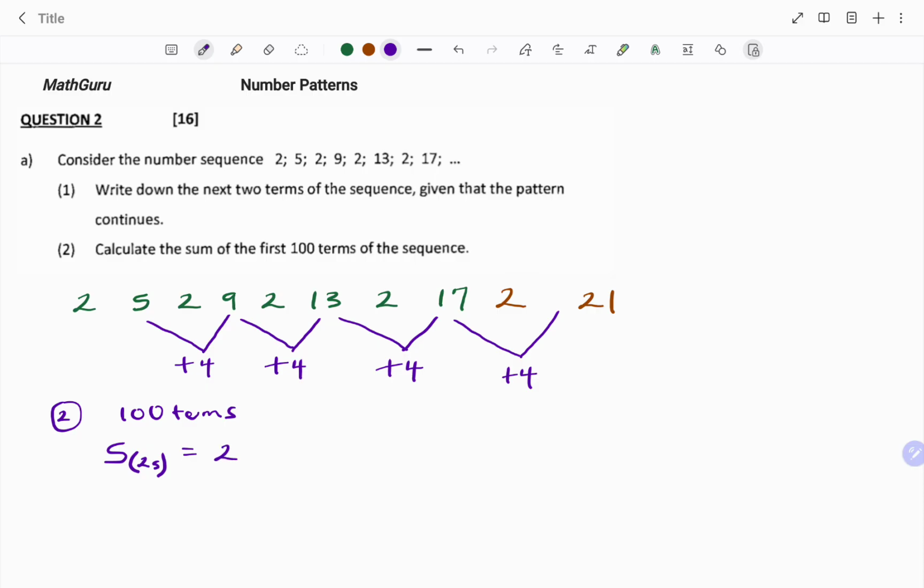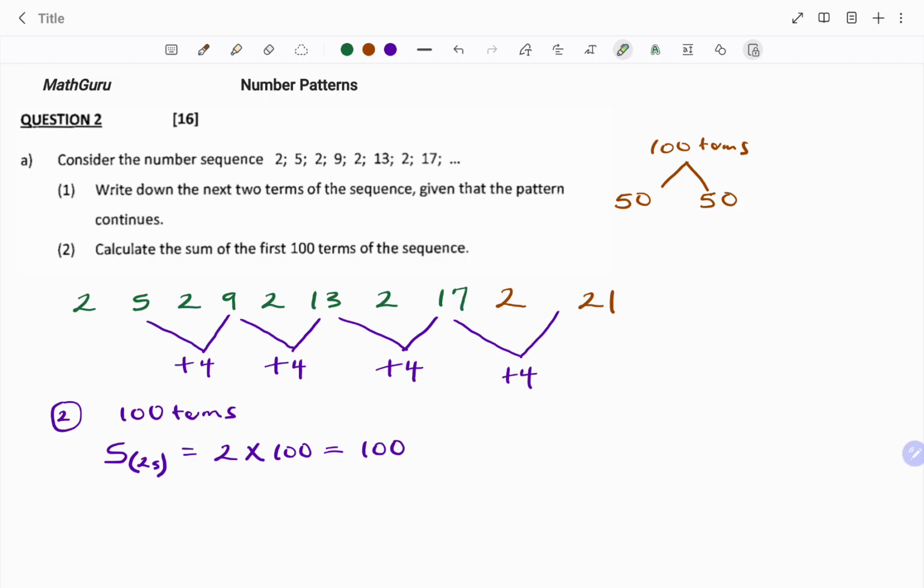So that's going to be 2 times 50, and that sum will be 100. So what I've done is, if I have 100 terms, half of that will be terms in 2, and then the other half will be terms increasing by a common difference of 4. So therefore, I need to calculate the sum of the remaining terms.